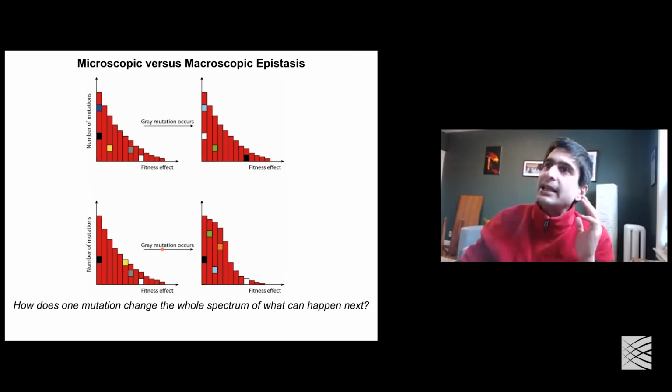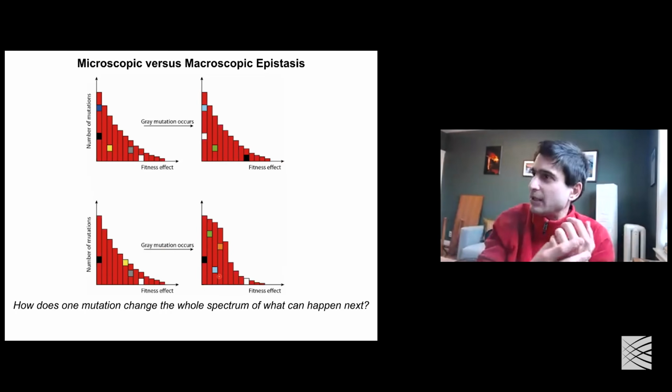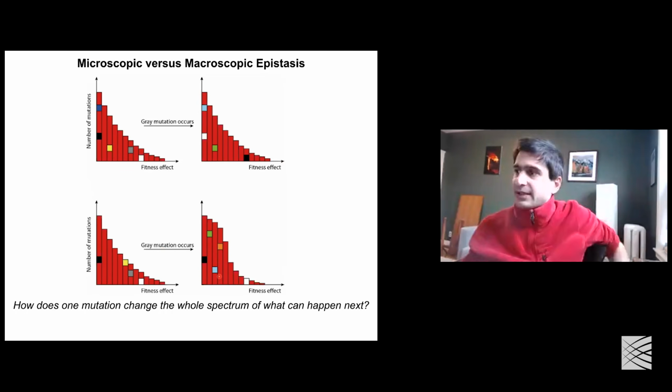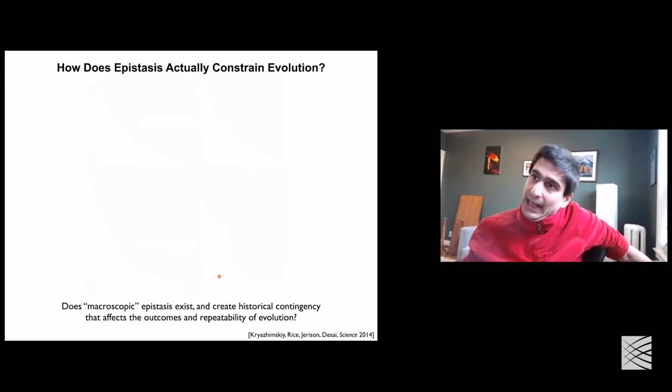Here I'm showing the distribution of fitness effects of beneficial mutations, which people often refer to as how adaptable the population is. One could imagine thinking about the distribution of fitness effects of deleterious mutations. How does that change? Gautam will talk about this as well in a little bit. These are empirical questions, and these are things we can actually measure.